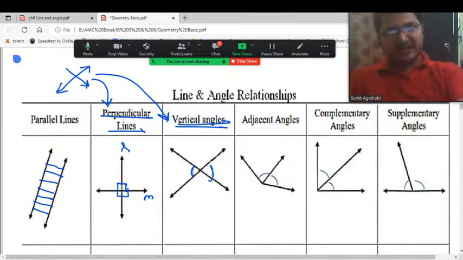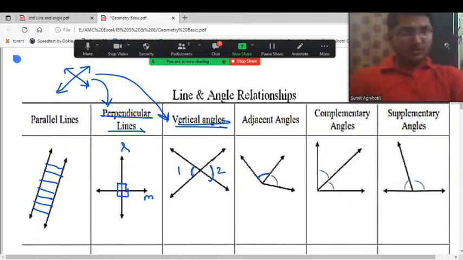These vertical angles are equal. Adjacent angles are those which have the same common endpoint and a common side as well. One side is common. These are adjacent angles, but I'm not saying they are equal. I'm just saying they are adjacent.